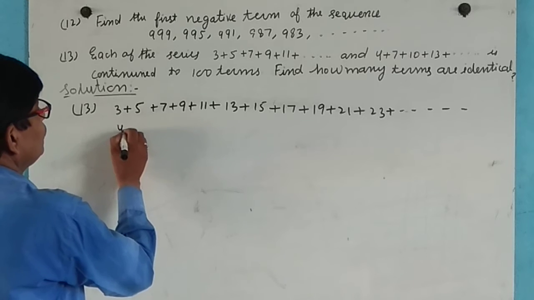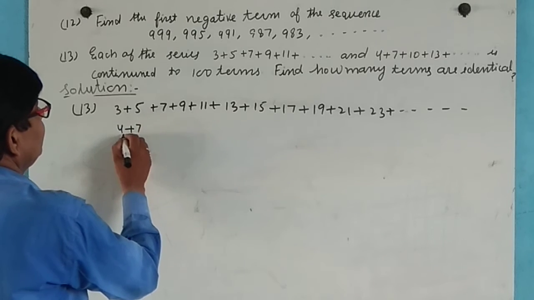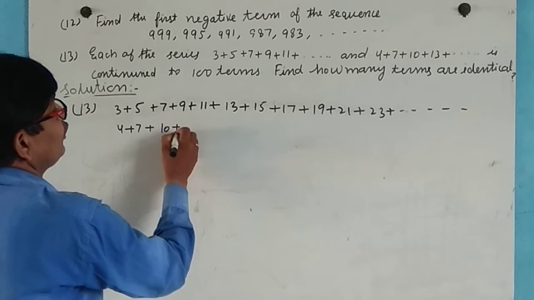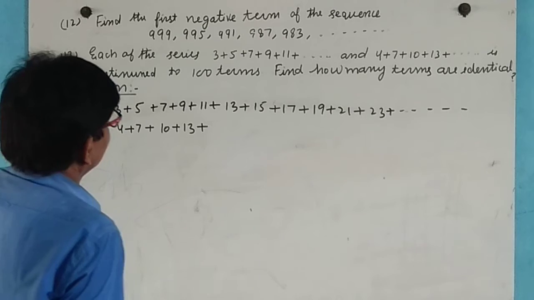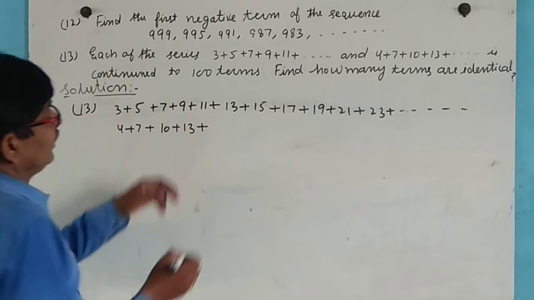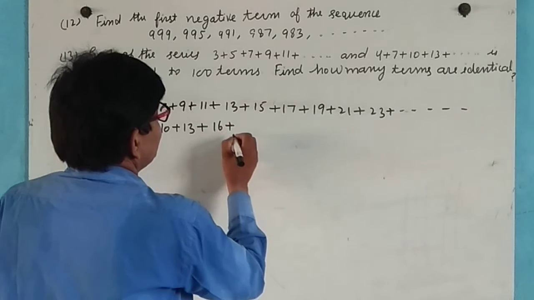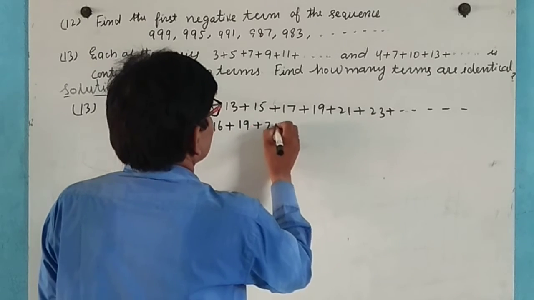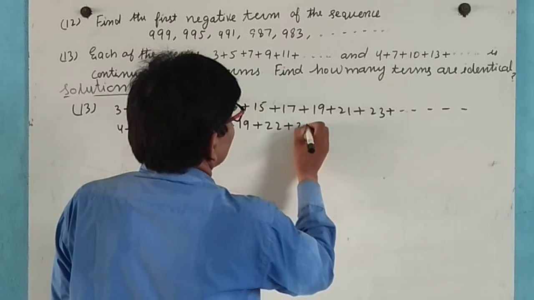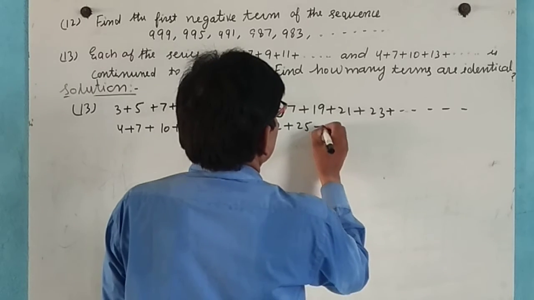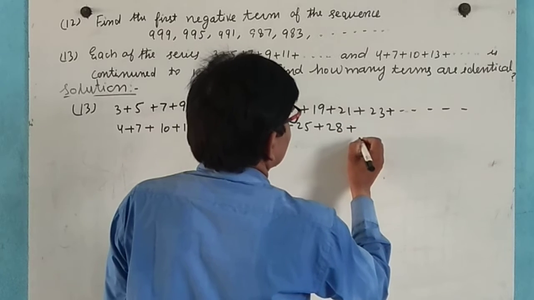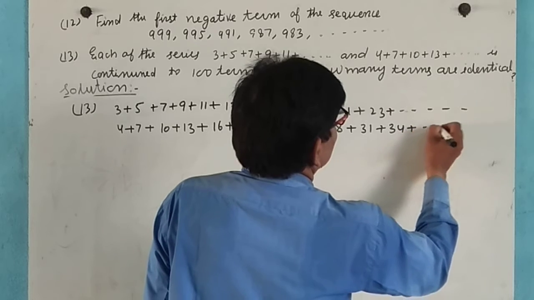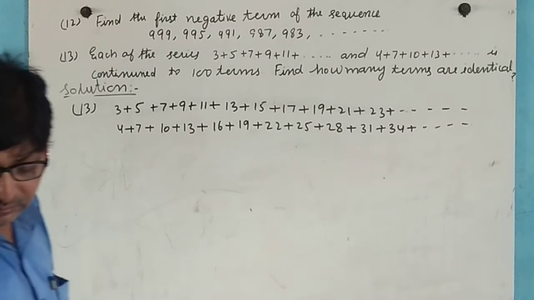And in the second series: 4, 7, 10, 13, 16, 19, 22, 25, 28, 31, 34, and so on.